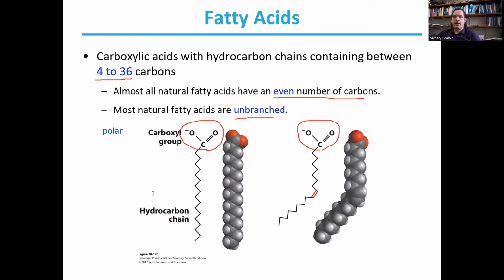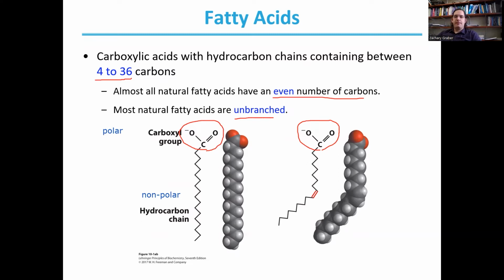But that polarity of our carboxylic acid is overwhelmed by the hydrophobic and nonpolar nature of our long hydrocarbon chain, right? So we have one carbon that's polar, and then depending on what fatty acid, you might have as many as 35 other carbons that are all nonpolar.